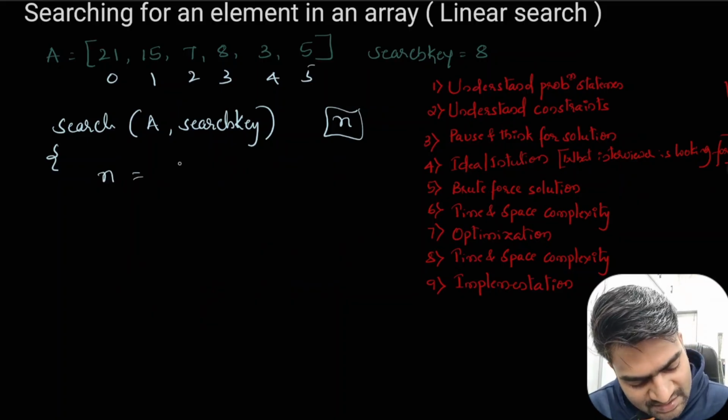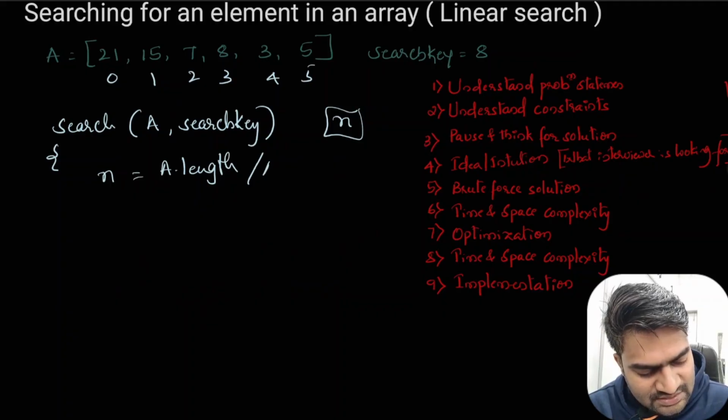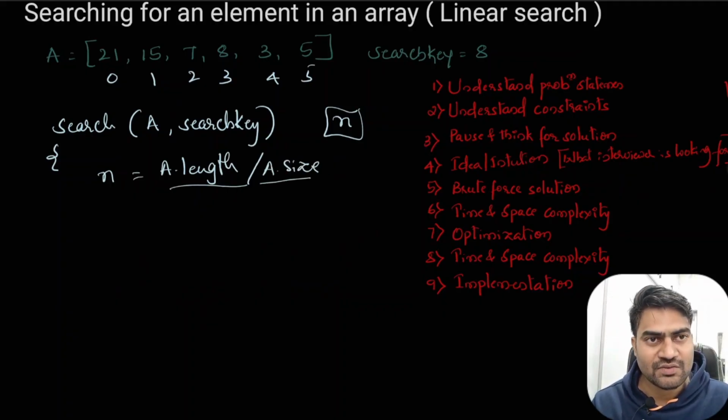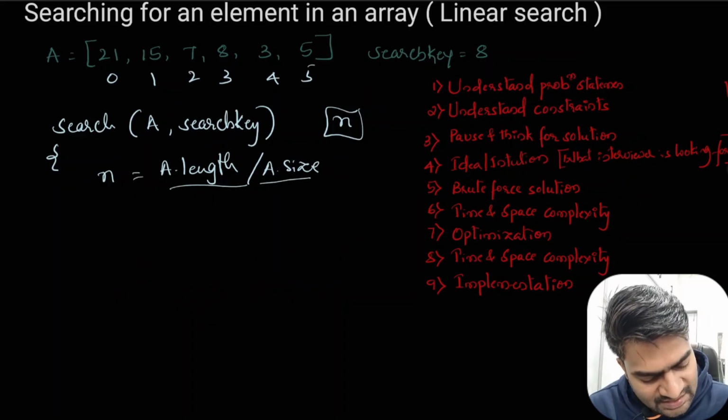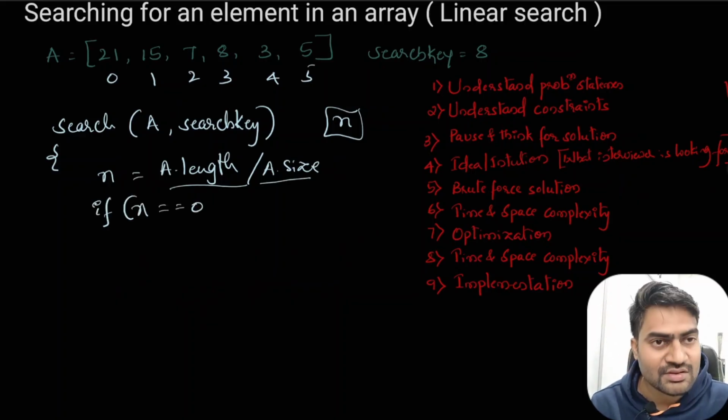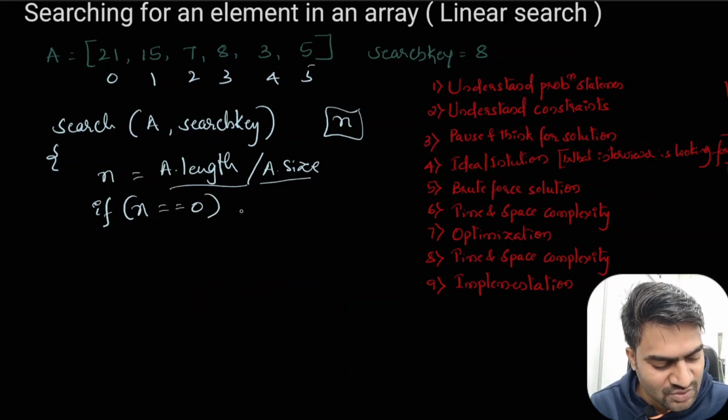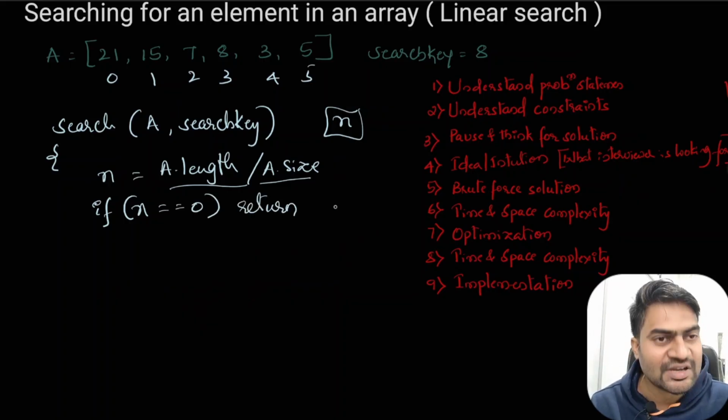So n will be a.length or a.size, something like this. With this we will get to know the size. Then if n is equal to 0, so if there are no elements, we will simply return.